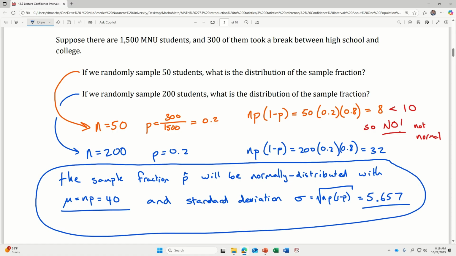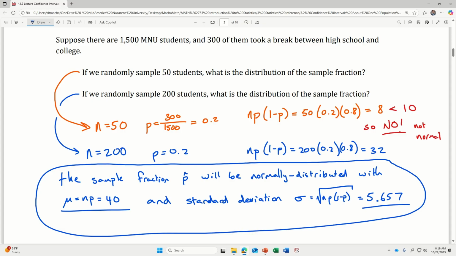So if you were ever to get a question that says, like, what is the distribution of the sample fraction? There's three parts to this answer. There's three things I'm looking for when I grade it. Number one, you need to tell me whether or not this is normally distributed, yes or no. The second thing is, if it's normally distributed, I want you to tell me what the mean of that normal distribution is, because there's a bunch of different normal distributions, so the mean helps me figure out which one you're talking about.